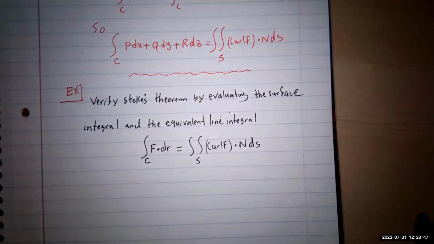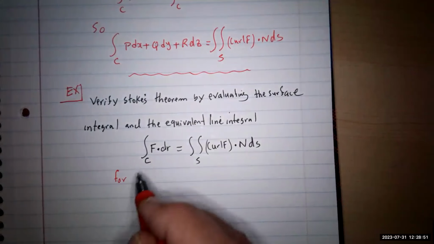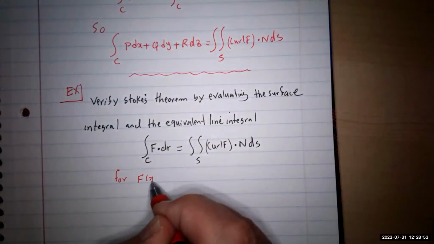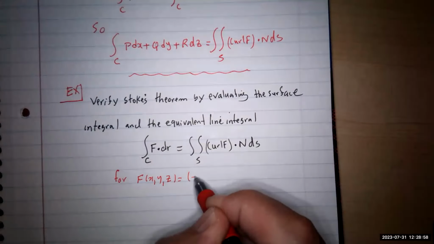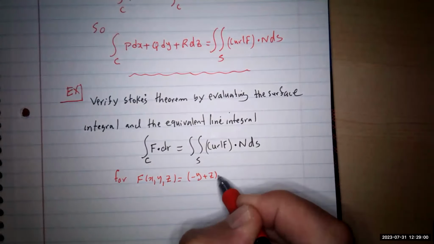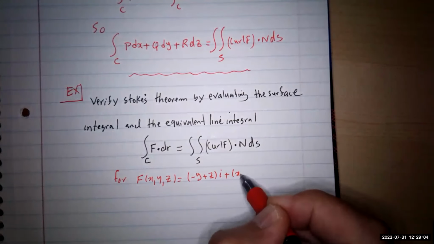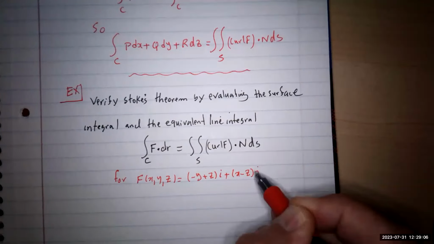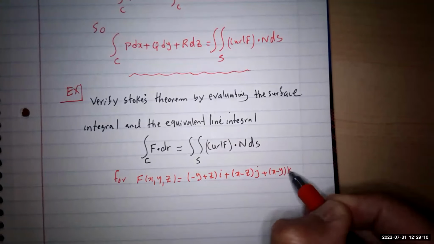For this field, F of x, y, z equals negative y plus z i, plus x minus z j, plus x minus y k.